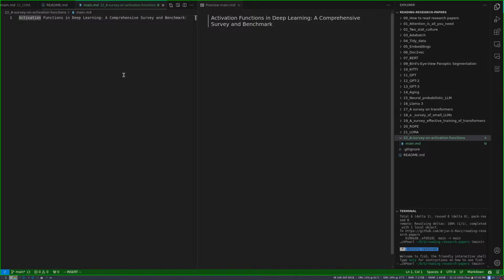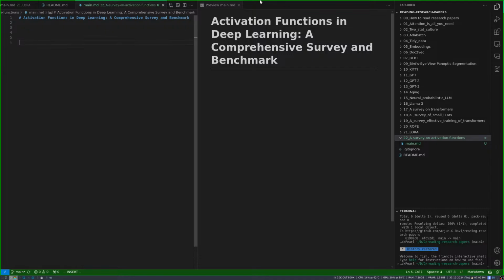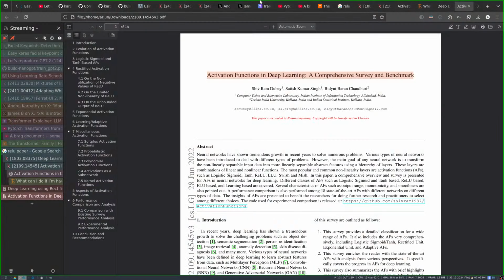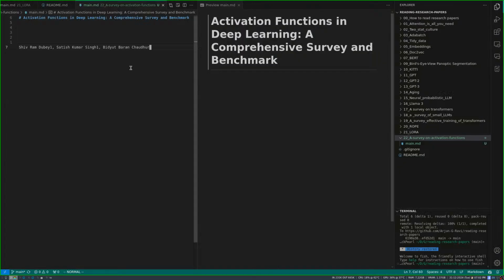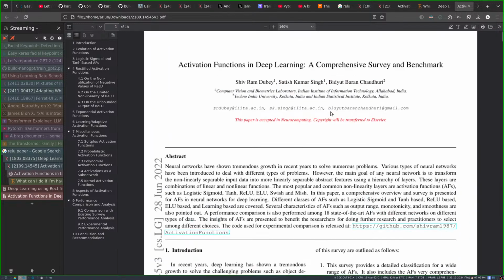Okay, that's the name of the paper. It was released by Shiv Ram Dubey, Satish Kumar Singh, and okay, these guys. Oh, IIT. Okay, they're from IIT, nice.